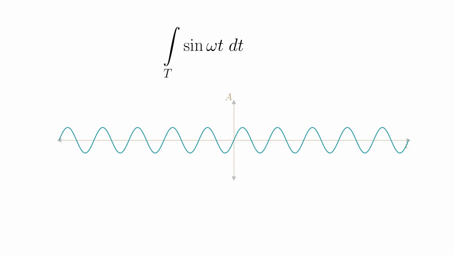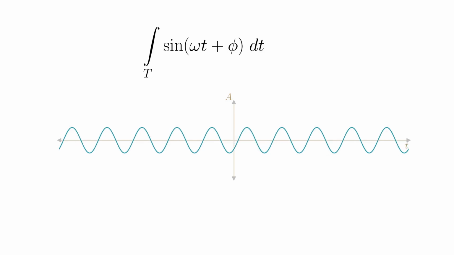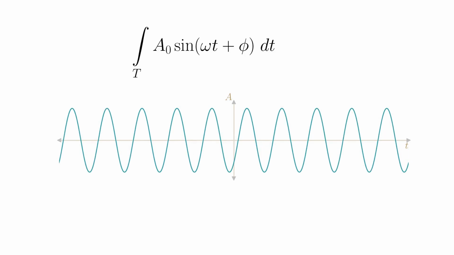What if there's a phase shift? It doesn't matter, the integral is still 0 over the time period. And what if there is a change in the amplitude? What do you think? The areas still cancel each other out. Exactly. So this integral is always 0.